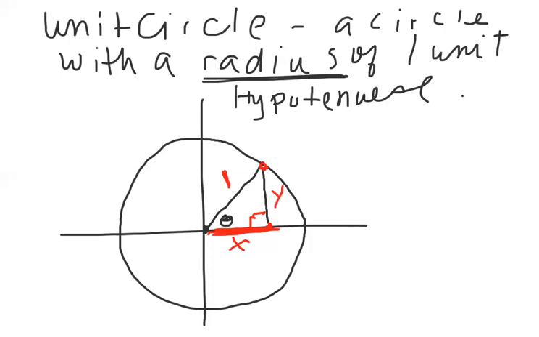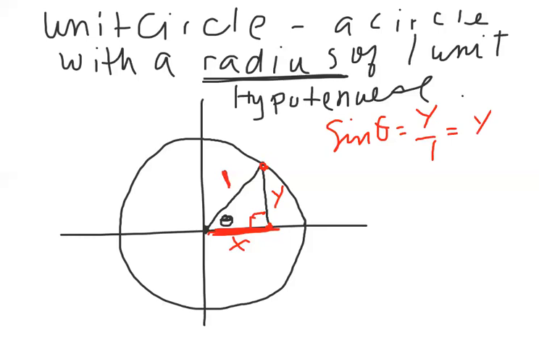So looking at the circle and going back to the right triangle trigonometry, remember sine, guys, of the angle is the opposite side, in this case y, over the hypotenuse, which is 1. So this simplifies to y.